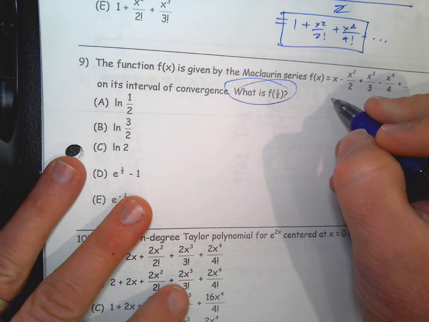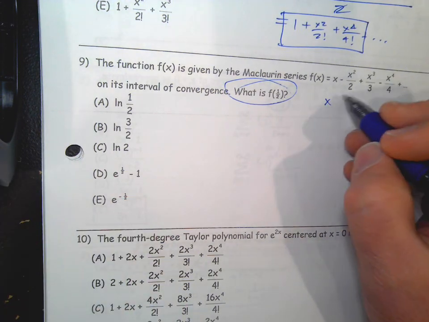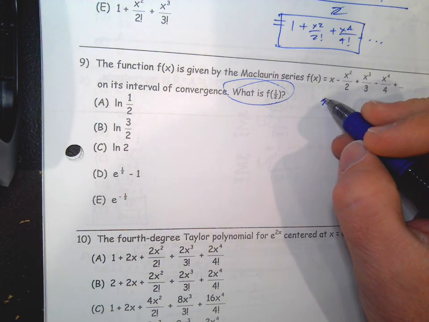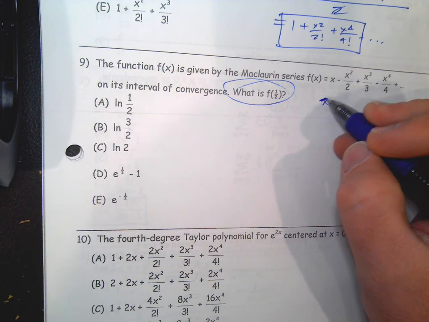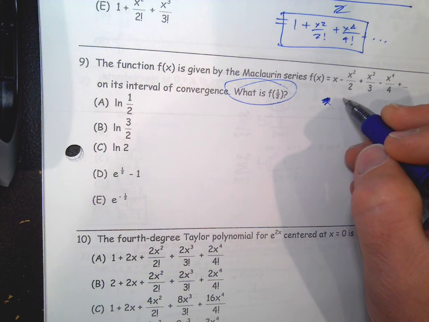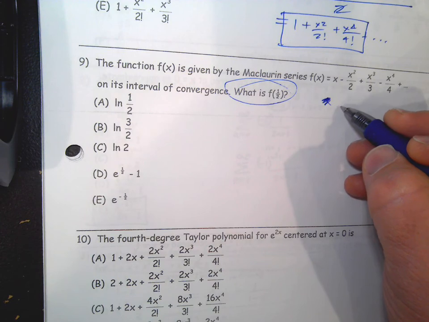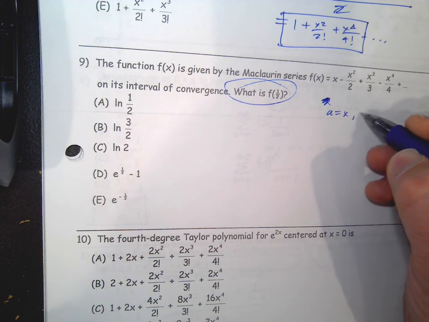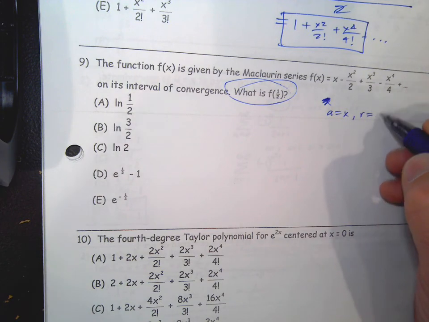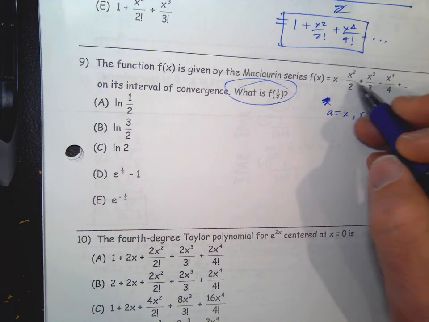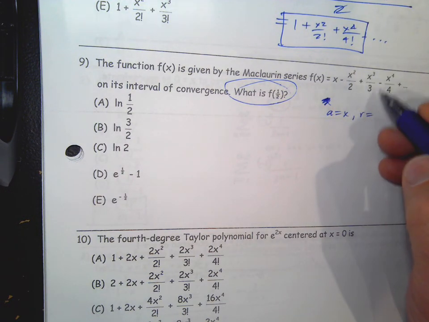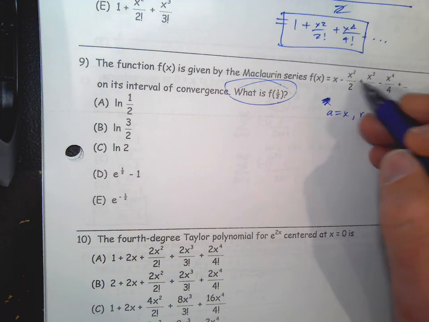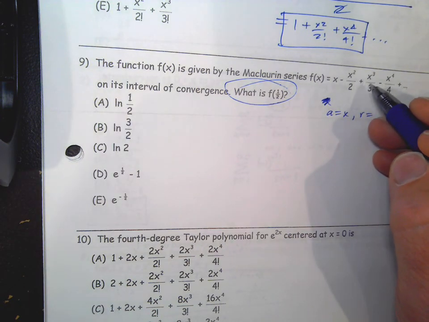So it starts with, yeah, I don't know. I guess we're just trying to recognize it. The a value is x. The r value. You know what this looks like? You see how it's x squared over 2, and they're not factorial. So this looks like it came from integrating something, right?